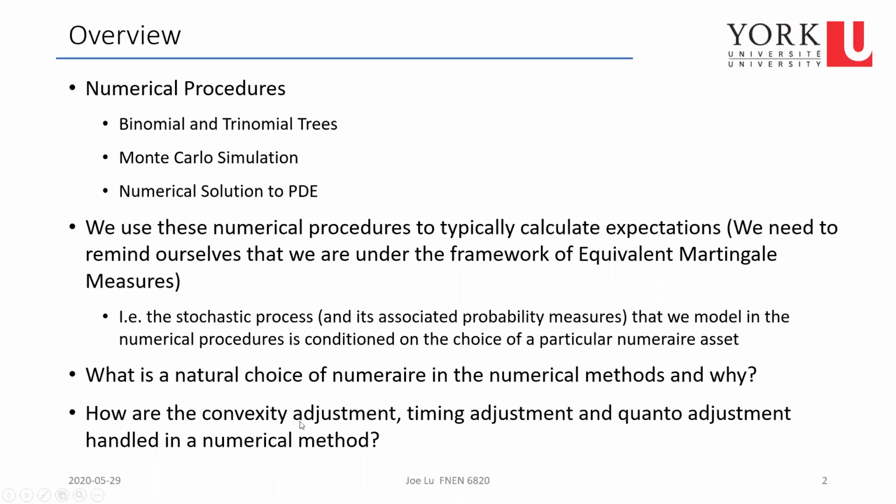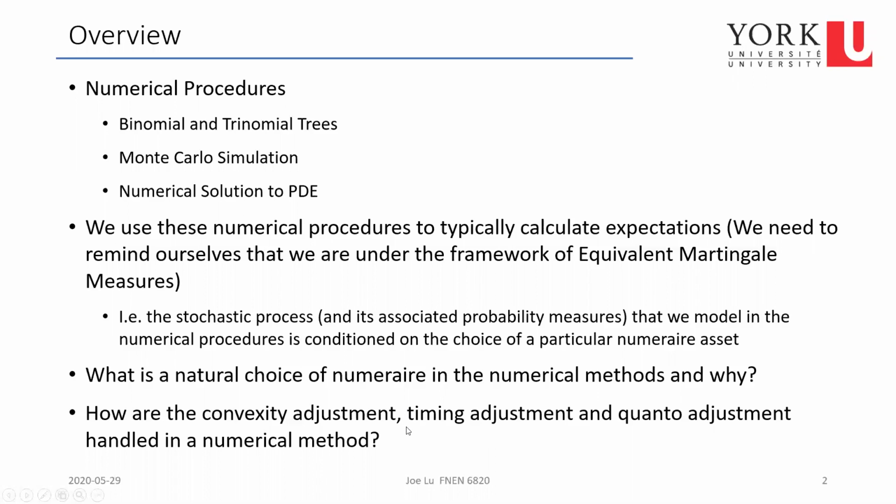Earlier, we have talked about certain adjustments that may be needed to calculate the price of a derivative asset. And if we were to work under numerical procedures, a lot of the times we may not need to do those adjustments explicitly, because the way we handle our calculation inside the numerical procedure implicitly allows us to calculate the right price.